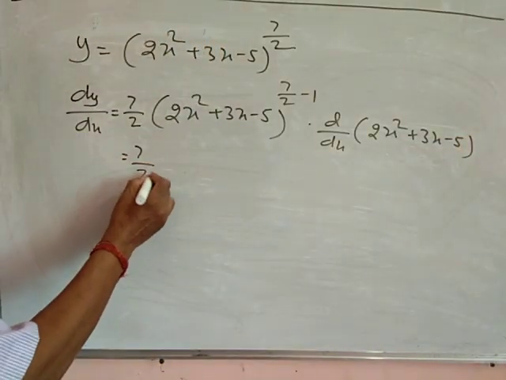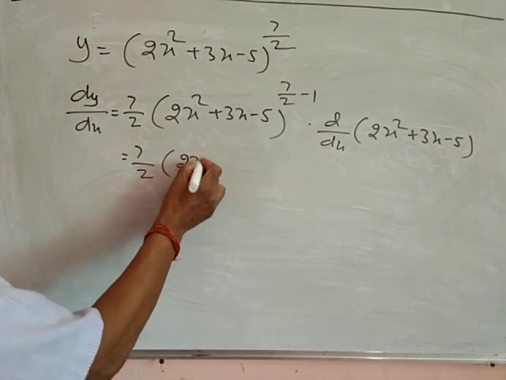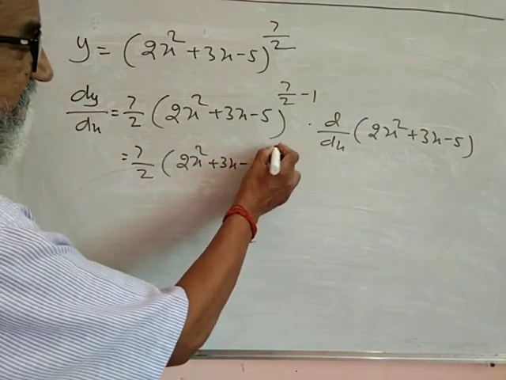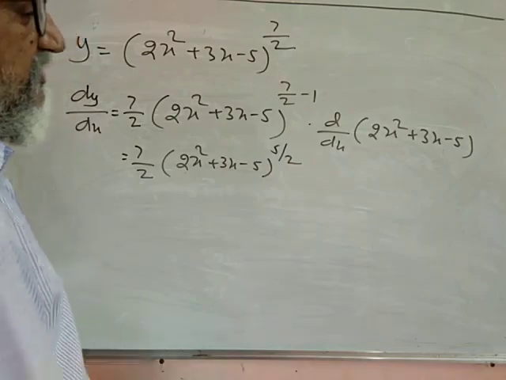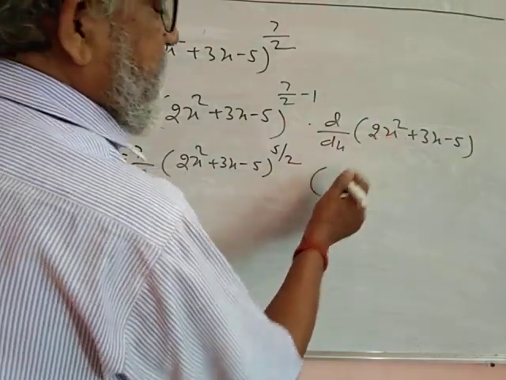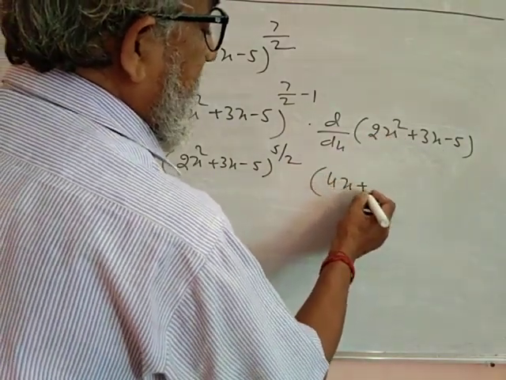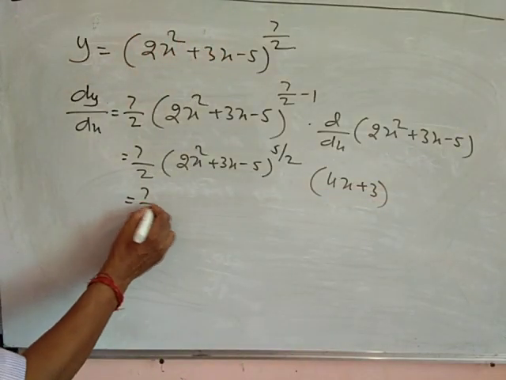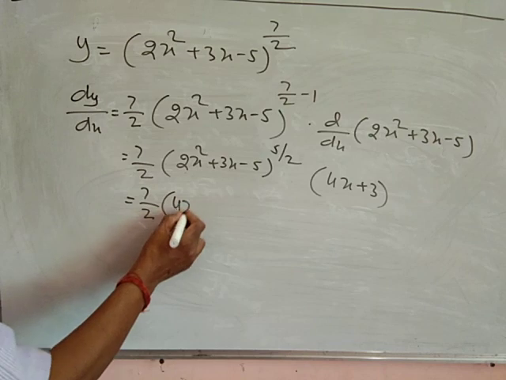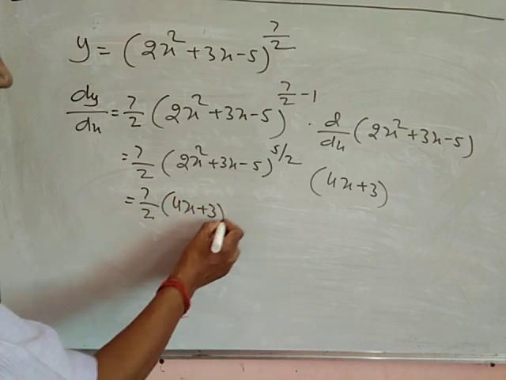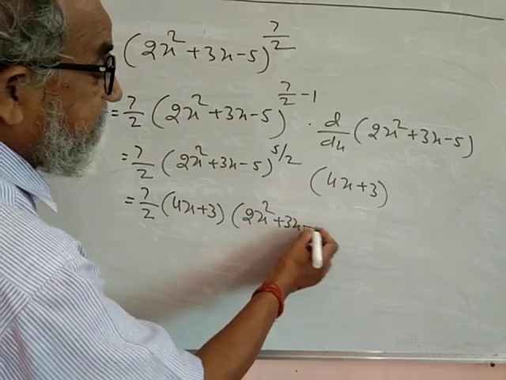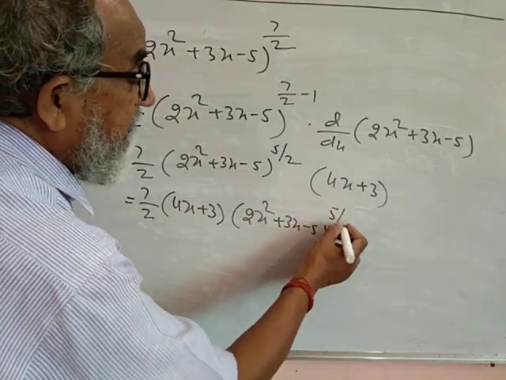So this is 7 by 2, (2x square plus 3x minus 5) raised to 5 by 2. Now derivative of 2x square plus 3x minus 5 is 4x plus 3. So your final answer becomes 7 by 2, (4x plus 3), (2x square plus 3x minus 5) raised to 5 by 2.